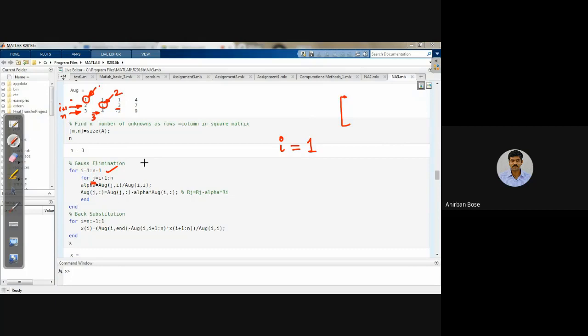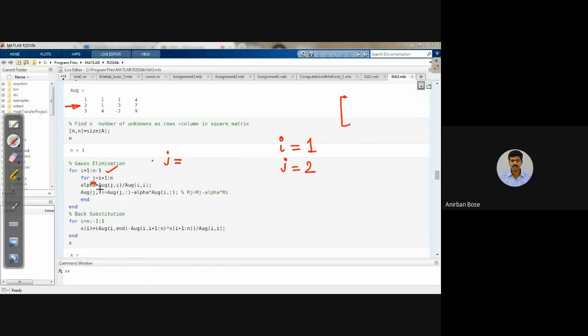So now let us consider j is equal to 2. When i is equal to 1, j is equal to 2 is the first value. That means this second row calculation started. So in the second row calculation, what will be the value of alpha?